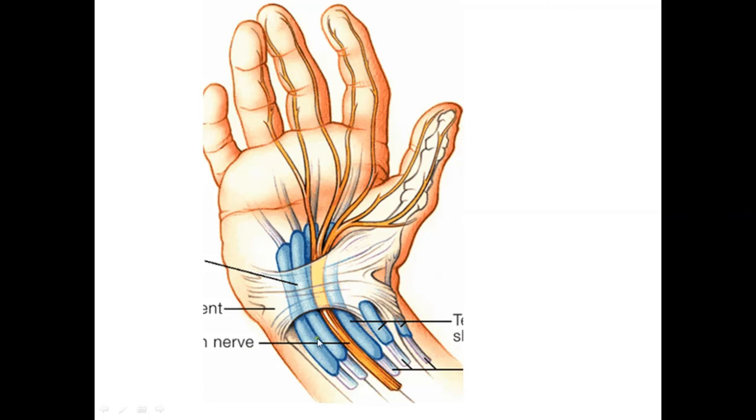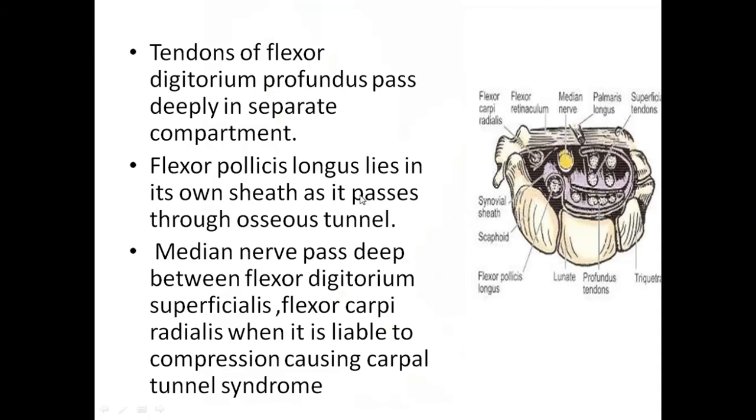Superficially, the tendons arrange themselves into two rows, the superficial for the middle and the ring finger, and the deep one for the little finger and the index finger. Again, the picture shows the arrangement of the flexor digitorum superficialis muscle.